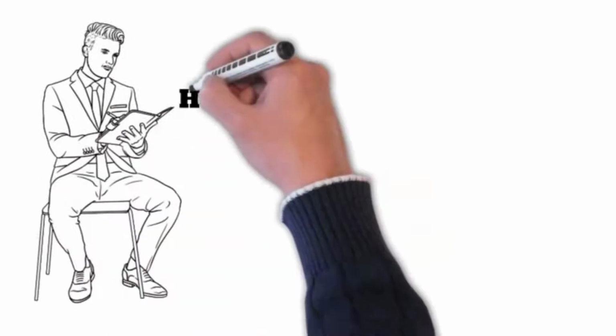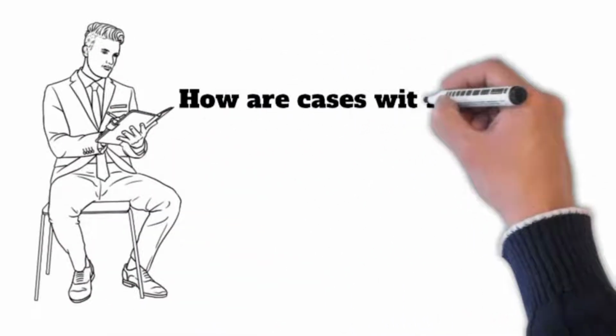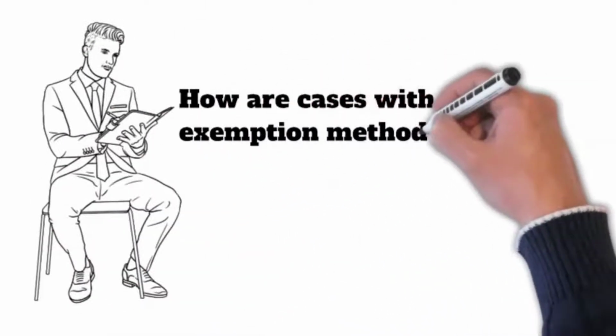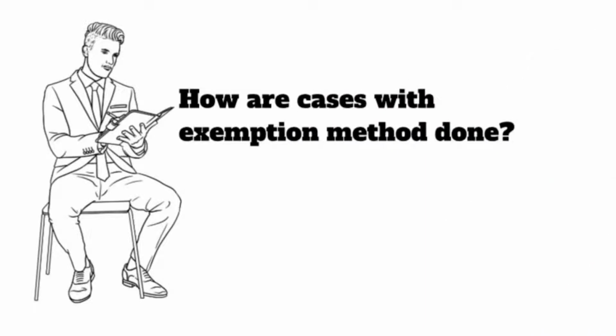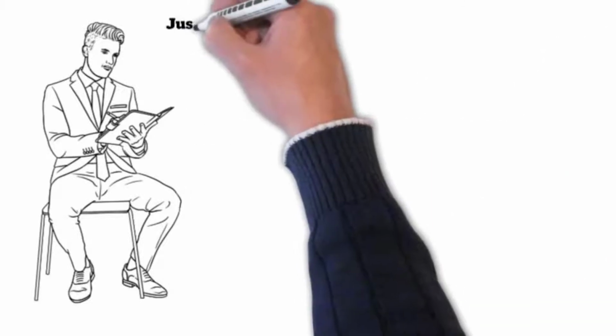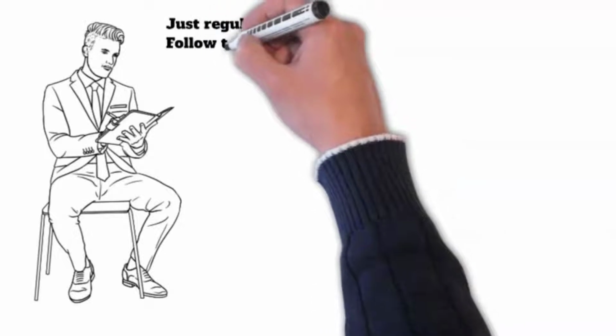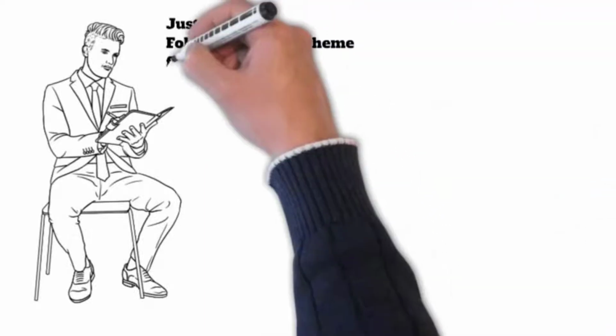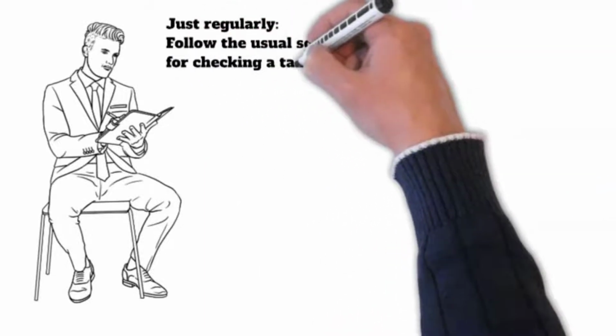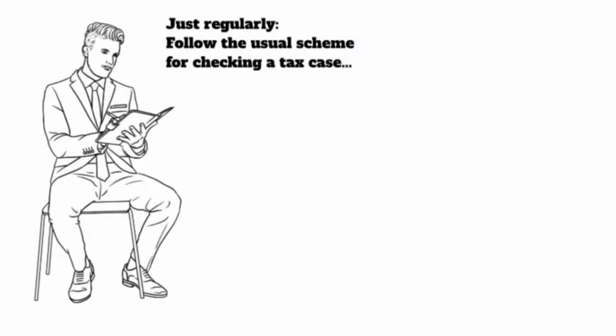So the question here is, how are cases with exemption method done? So what do you have to do? The recommendation is just act regularly, follow the usual scheme for checking a tax case.